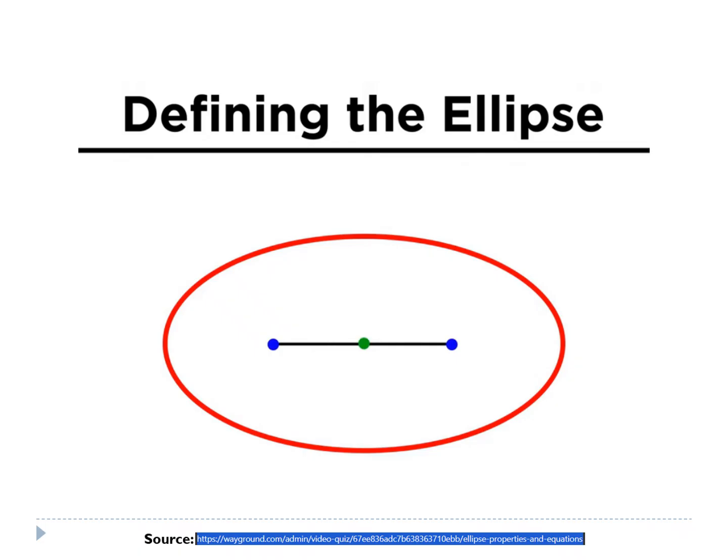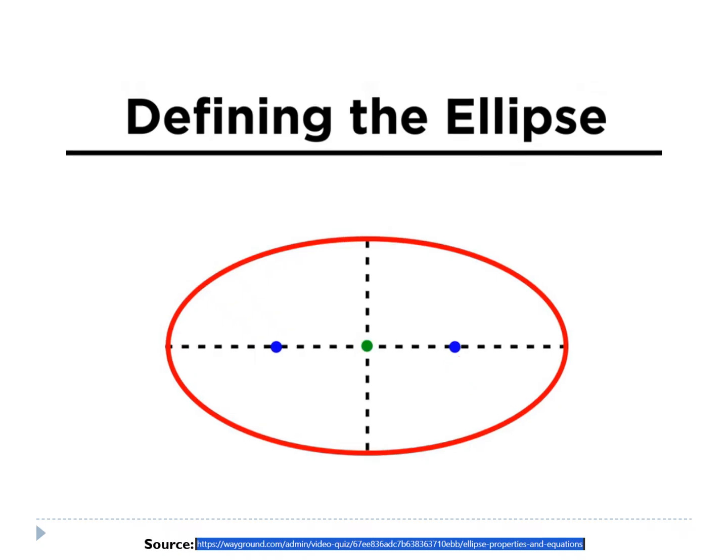And if you have noticed, connecting the two points, focus one F1 and focus two F2, this is the line segment, and in the middle of it we have the center of the ellipse. This has two axes of symmetry.